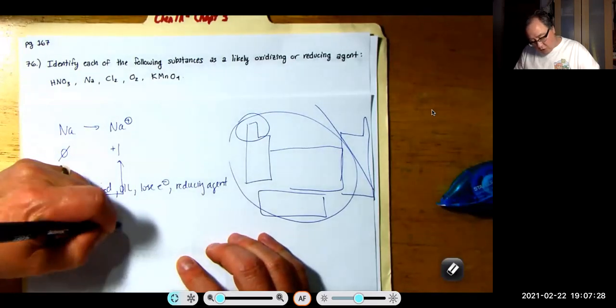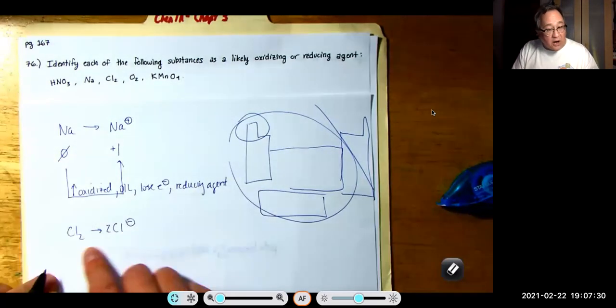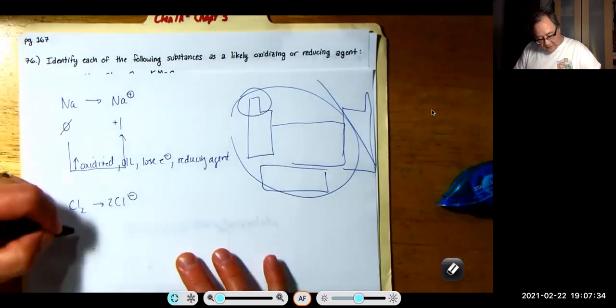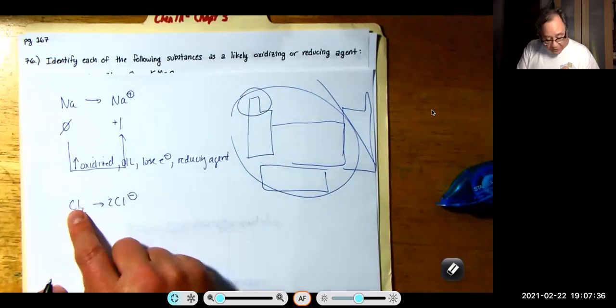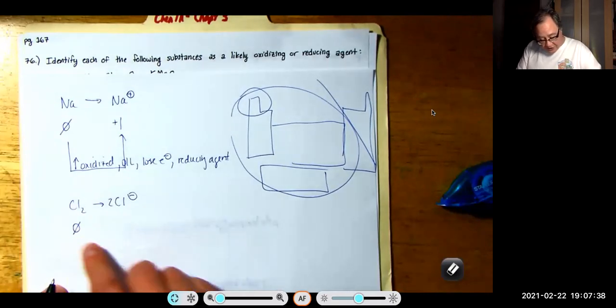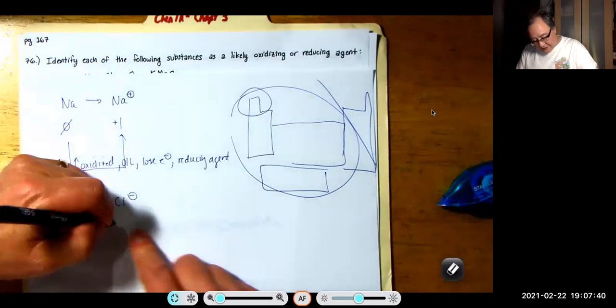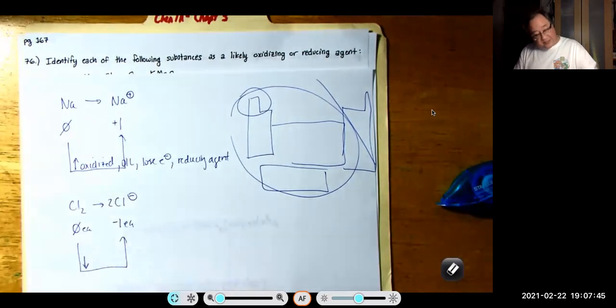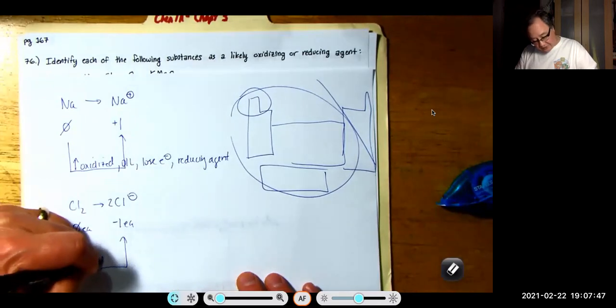We know that chlorine actually likes to be chloride ion. Here we have neutral elemental chlorine, so it's a 0 each. Here it's a -1 each, and the oxidation number decreases. Decreases means reduced.